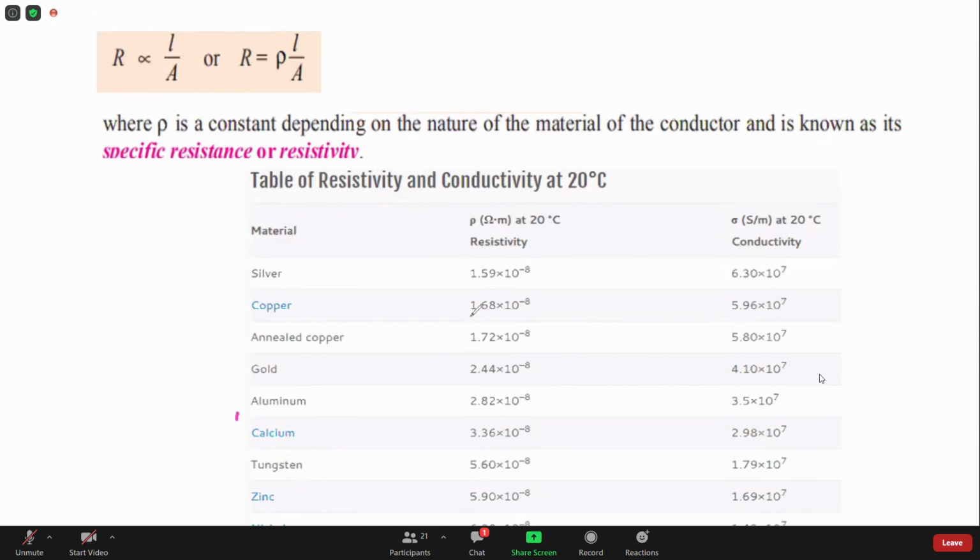So second best ra ang copper, dayon layo na gid unta ang aluminum. Okay? So this has a lot to do with the cost, no? Silver is much higher in terms of cost compared to copper, and it's more rare than copper, no?